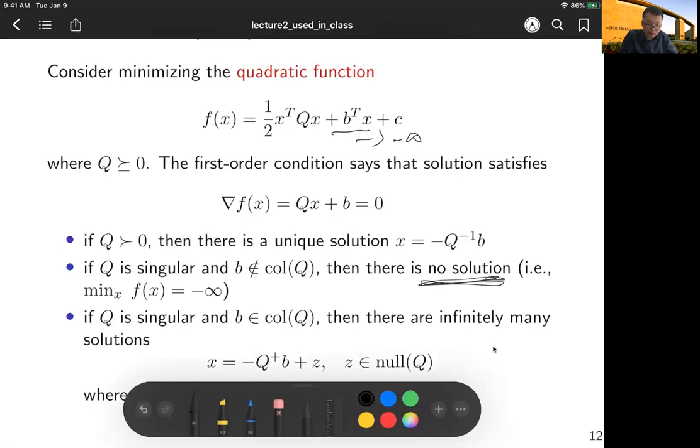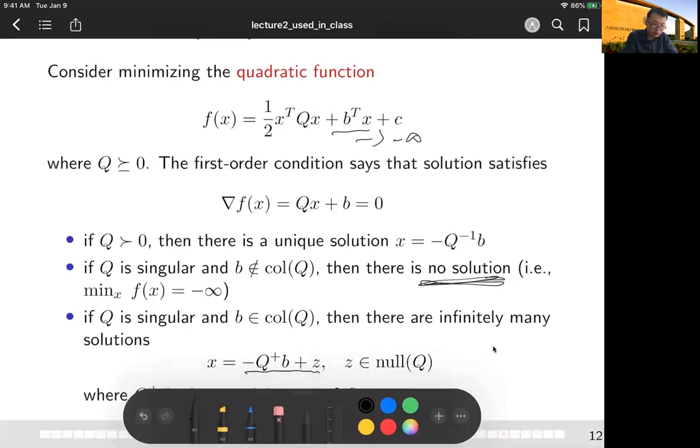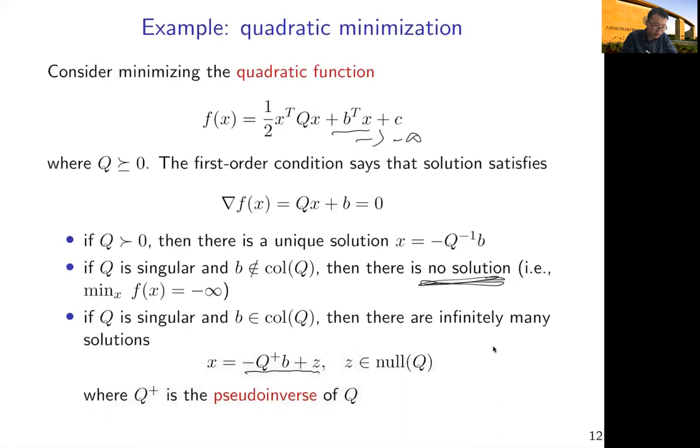What if Q is singular, but b happens to be inside the column space of Q? In that case, there are infinitely many solutions that form a particular subspace, like an affine subspace. So this is the description of the set of all solutions that minimize this quadratic function. It's a good example to see.